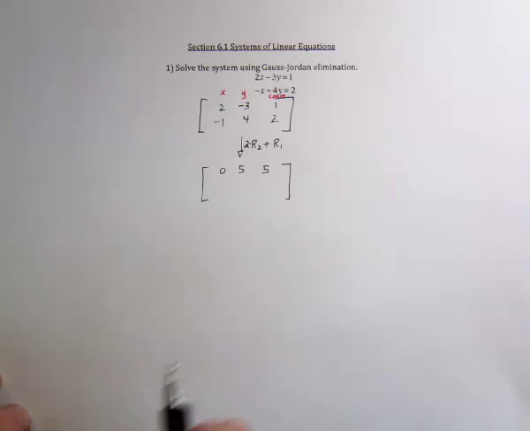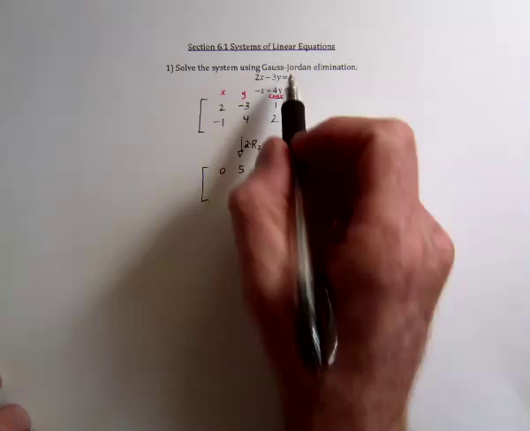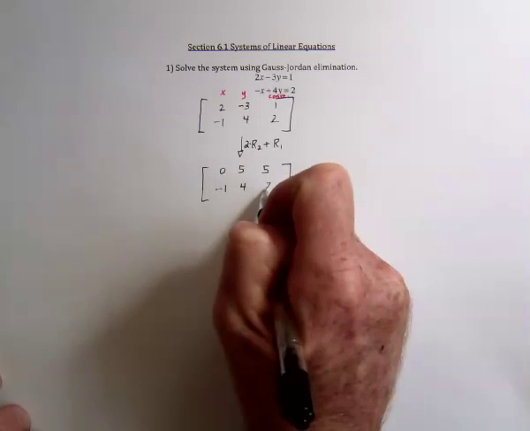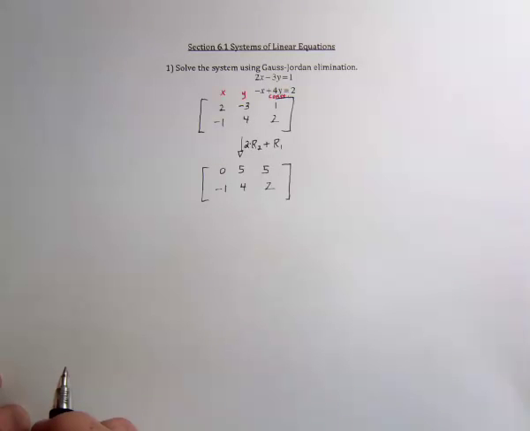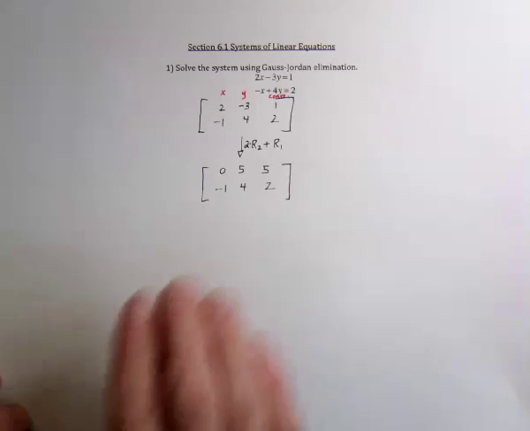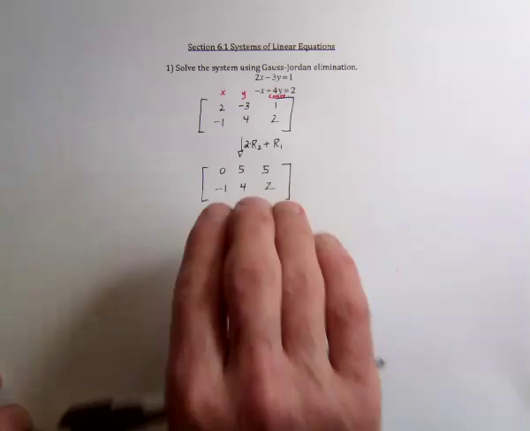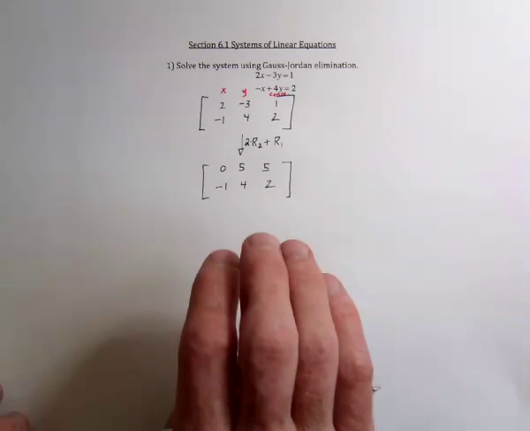And then what's different with this method, the Gauss-Jordan elimination, is we then leave the second row alone. So we use the second row to change the first row, but the second row itself didn't change.